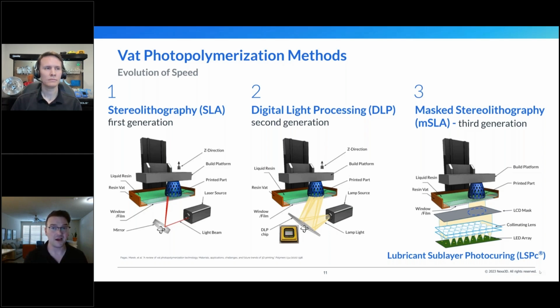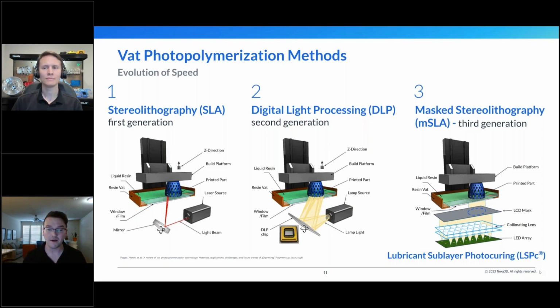Then, almost 20 years later, we had DLP introduced, and that's what you see there in the middle. And that really turned photopolymerization on its head, both figuratively and literally. On the literal side of things, DLP said, you can utilize a lot less resin and print a little bit faster if you turn that build plate on its head and actually build bottom up rather than top down.